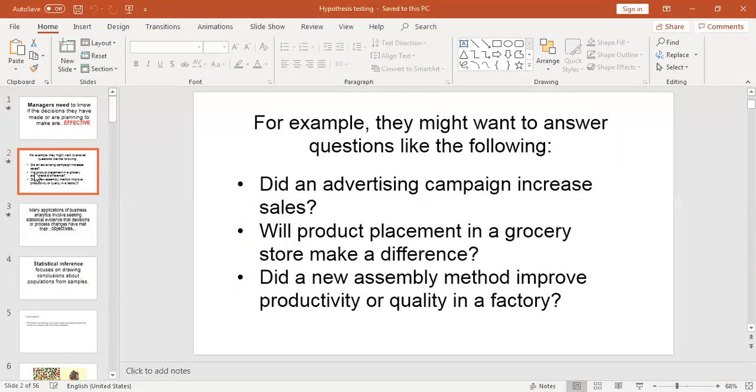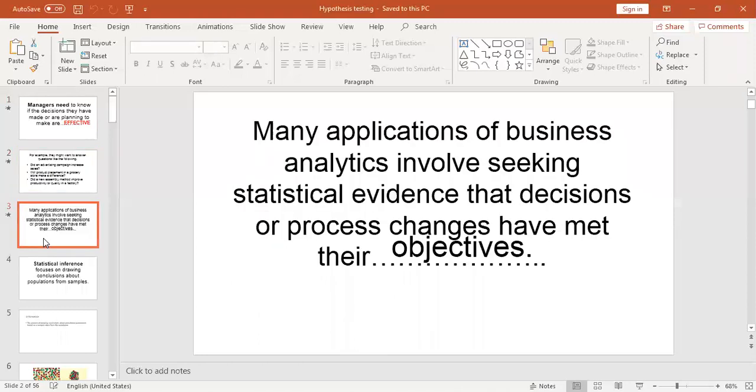if you have organized an advertising campaign, what is the effect of that advertising campaign, have the sales increased, and will product placement in a grocery store make a difference? Likewise, you have to answer certain questions when you become business leaders. So many applications of business analytics involve seeking statistical evidence that decisions or process changes have met their objectives.